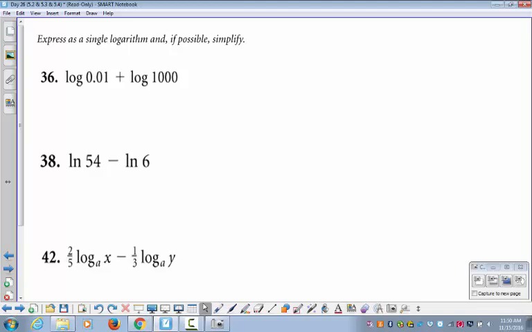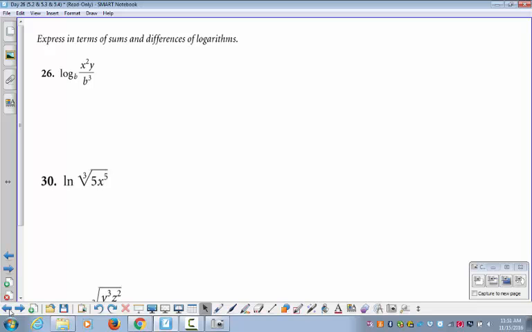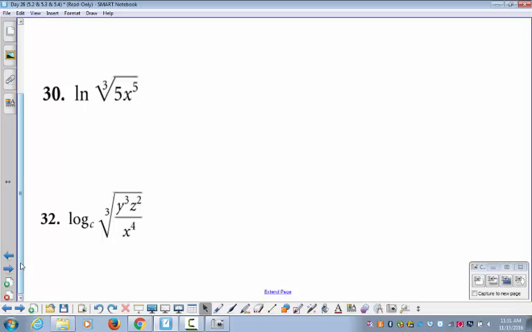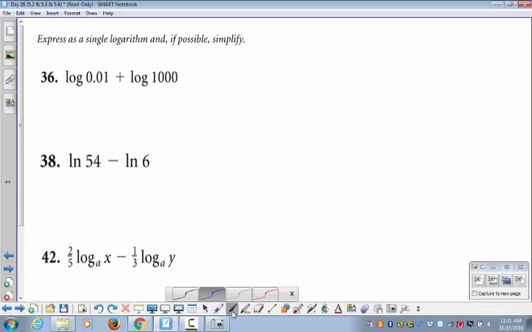Did I? Oh, thanks, Sarah. Oh, I did! Oh, great. I did skip a page. Thank you. Sorry. Let's finish that one off first, then we'll go back a page. I don't know how I did that. I touched it the wrong way. It jumps. So do 36, then I'll jump back and do the other page. So write it as a single logarithm and simplify if you can.